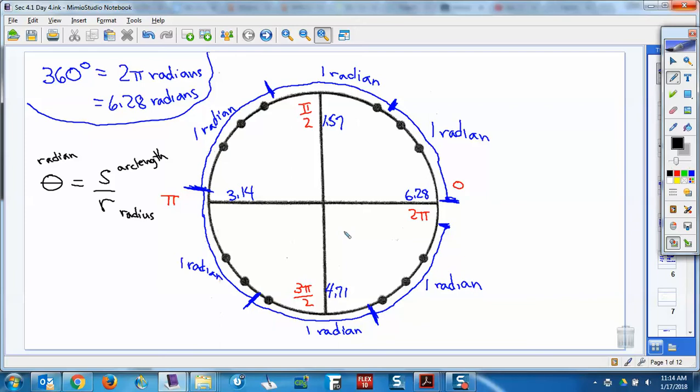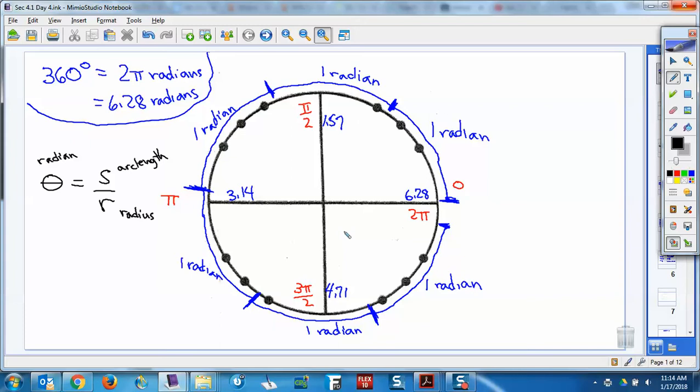All right, so the definition of a radian: if the radius and the arc length are the same, then that's 1 radian. If the arc length is 2 times the radius, 2 over 1, that's 2 radians, and so on. And of course, we figure out that all the way around the circle is 2 pi.